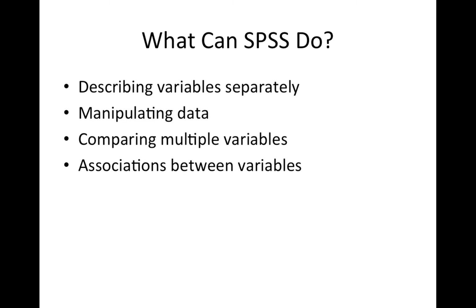The last is associations between variables. So you want to see how two variables are correlated to each other. How a difference in one variable can influence other variables, or maybe even more variables, and how some of the changes in some of the variables can influence one single variable, that is called multivariate analysis.